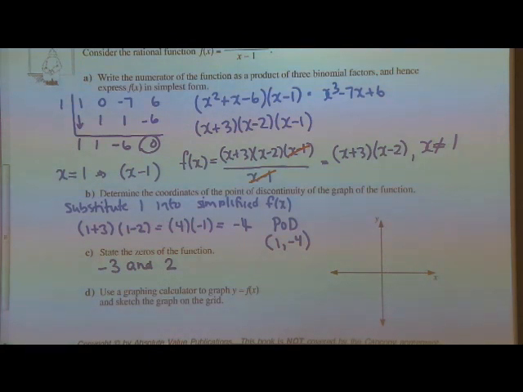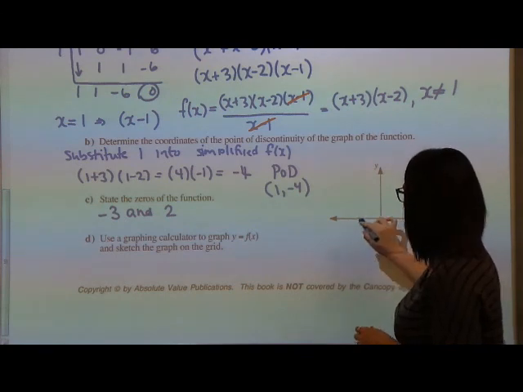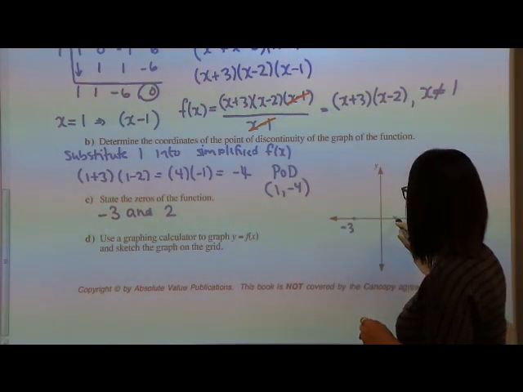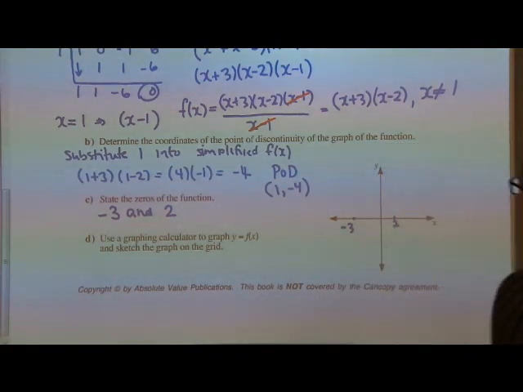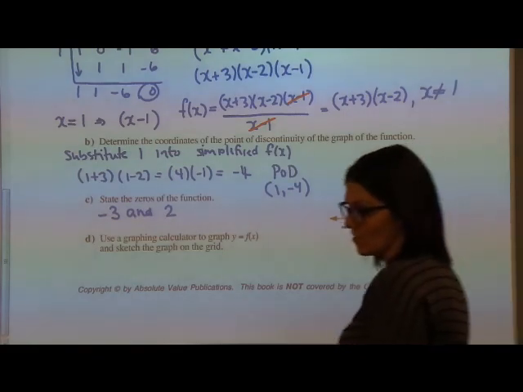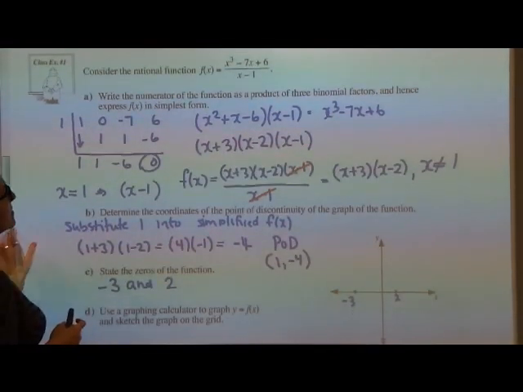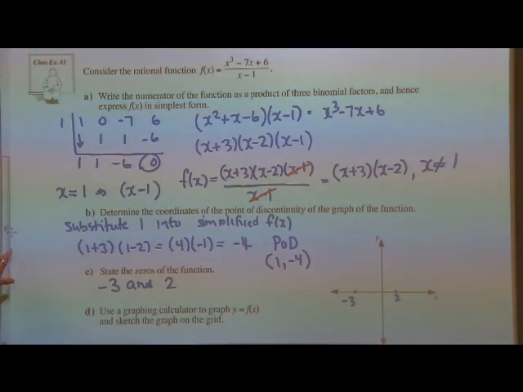So if I was going to sketch parts of this, there are certain parts that I could sketch. I know that I have a 0 at -3 and at +2. I also know that if x equals 0, in my original equation, I would get 6 over -1, which would be -6.